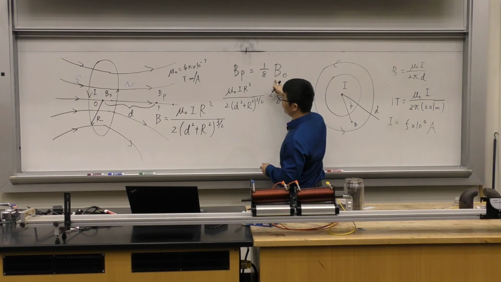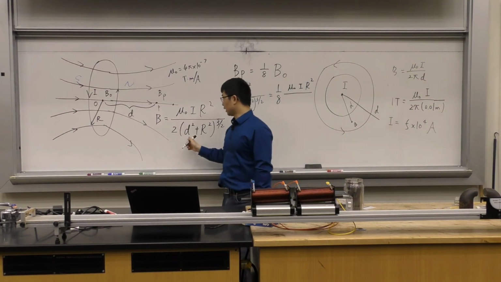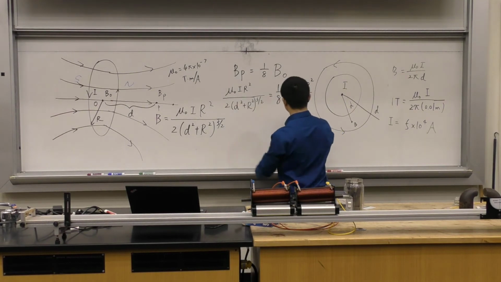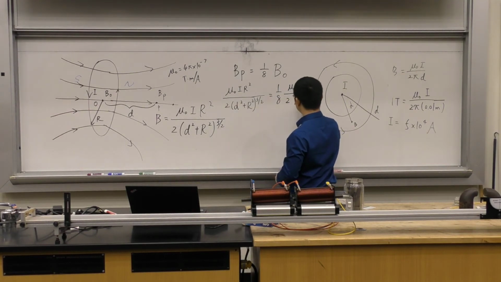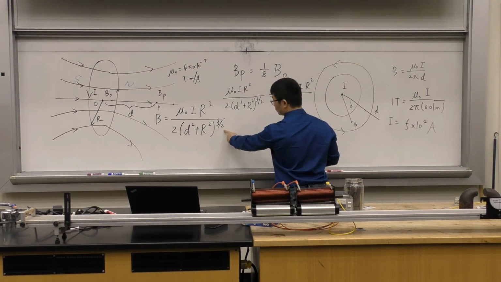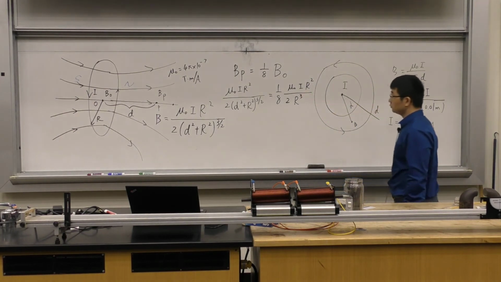Now the magnetic field at the point O, mu naught, it's still the same equation. At point O, what is D? 0, right? So you don't need this guy. It's going to be 2 times R squared, and then to the power of 3/2. So you actually get R cubed at the bottom.